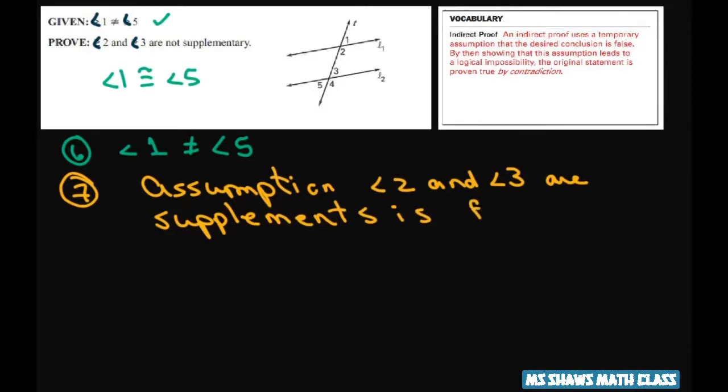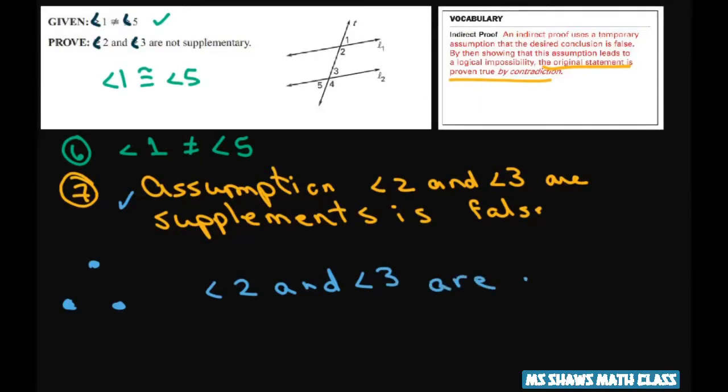So that's what we did here. The original statement is proven true by contradiction because this is false. So therefore, and this is how you would write therefore sometimes in proofs, these three dots that look like a triangle, that angle 2 and angle 3 can't be supplements, so they are not supplementary.